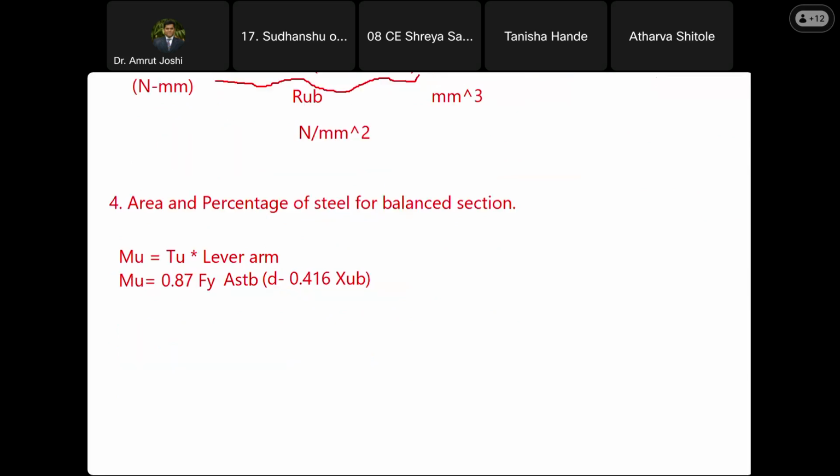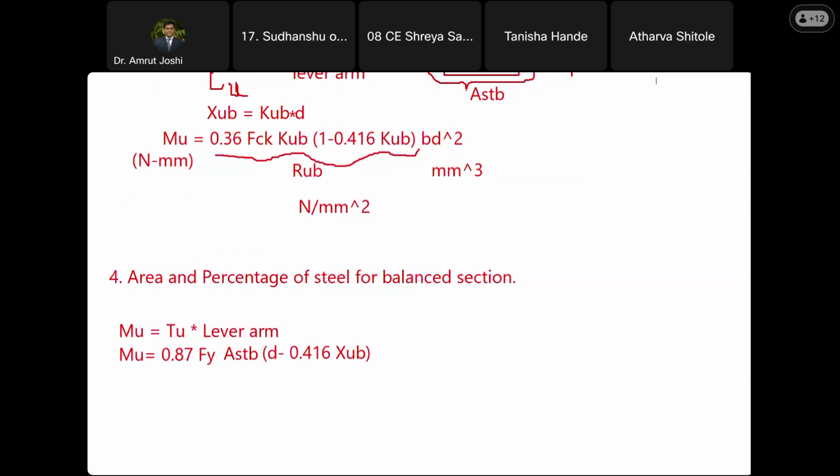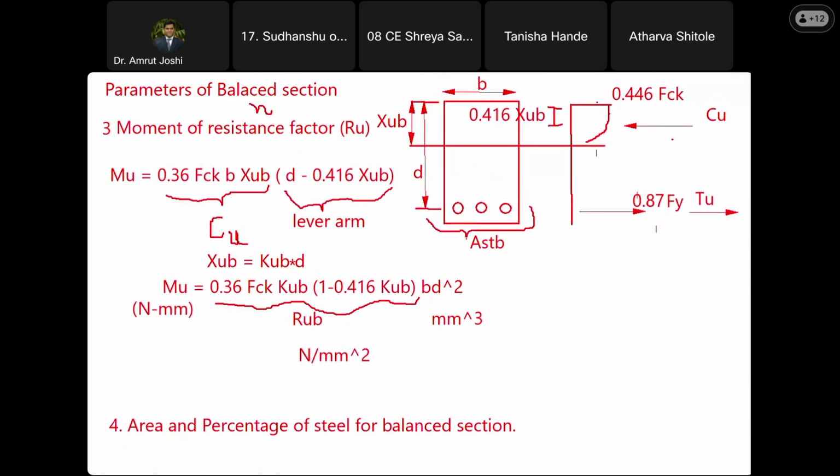Now, I already know that for equilibrium of this section, if I do summation Fx equal to 0, all the forces in x direction must be equal to 0 as the beam is in equilibrium. So CU is towards left, so I will give a negative sign.